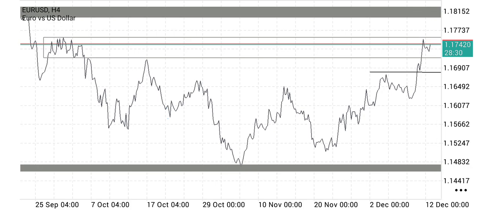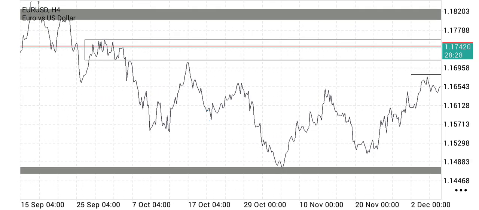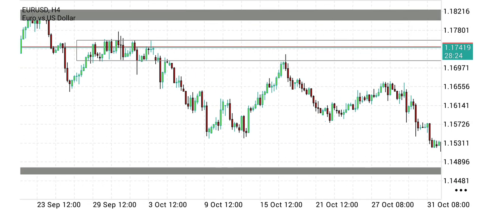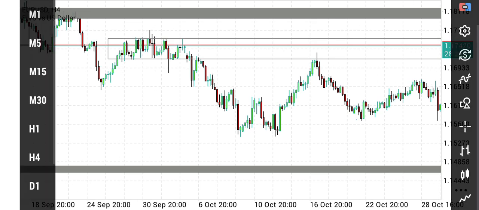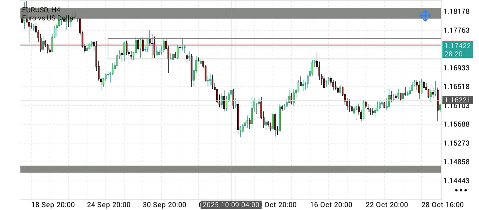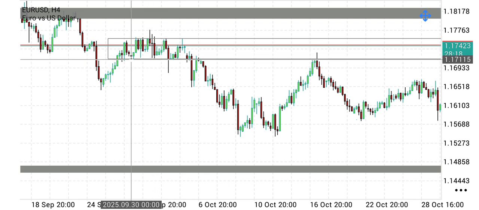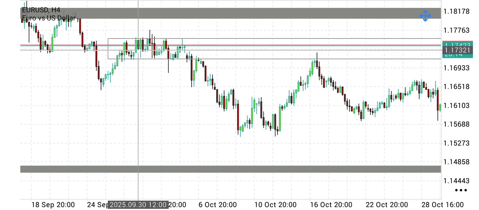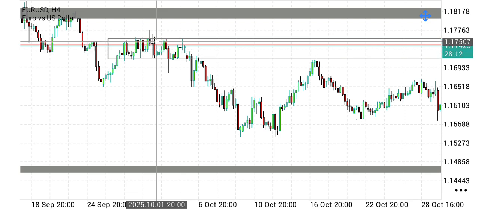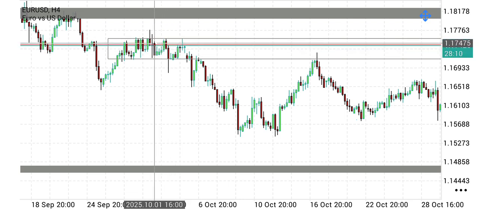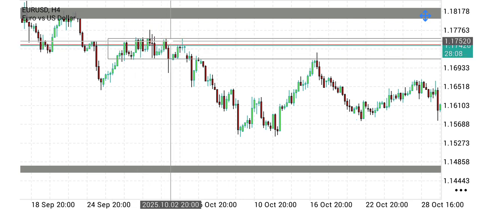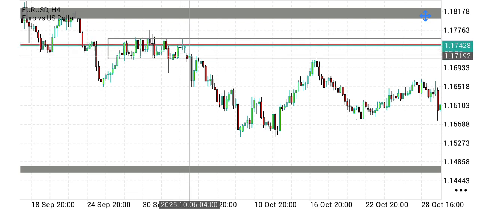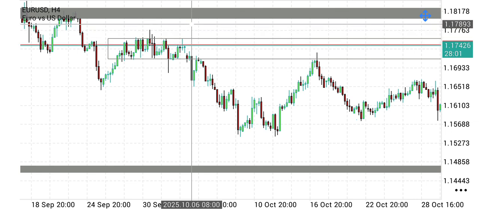That's where we caught our last kiss trade during September and October, around here. We see that the market was consolidating around these zones, bouncing between these two boundaries. When the market is doing this, we're waiting for it to break either to the downside or the upside.